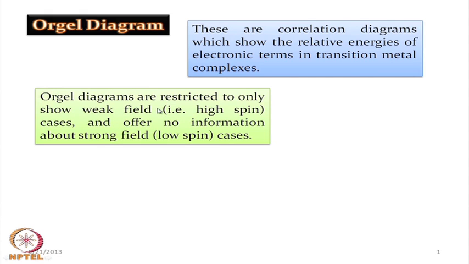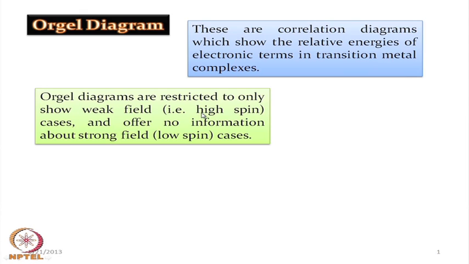And Orgel diagrams are restricted to only show weak field, that is mostly we will be talking about the high spin complexes and they offer no information about the strong field cases. So, it will be basically a very primitive correlation diagram involving the electronic states where we have only the weak field cases.